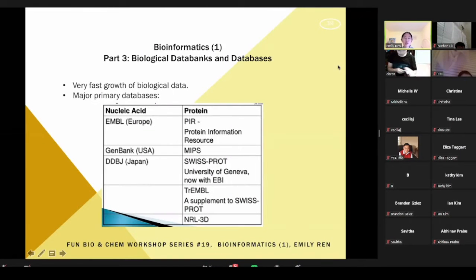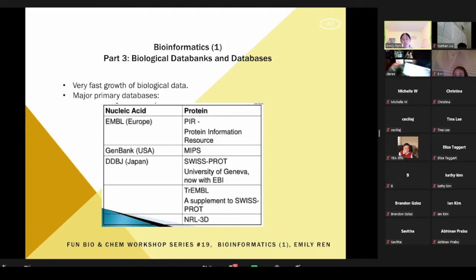So now let's talk about biological databanks and databases. Biological data experiences very fast growth. So there are these databases that can store the biological data and information. Here are a few examples of biological data banks. For nucleic acids or nucleotides, we have the EMBL in Europe, GenBank in the US, and DDBJ in Japan.